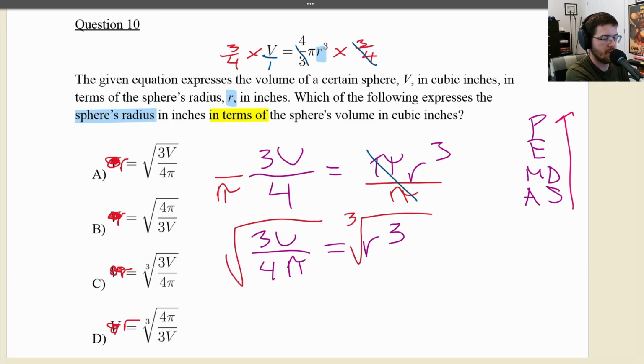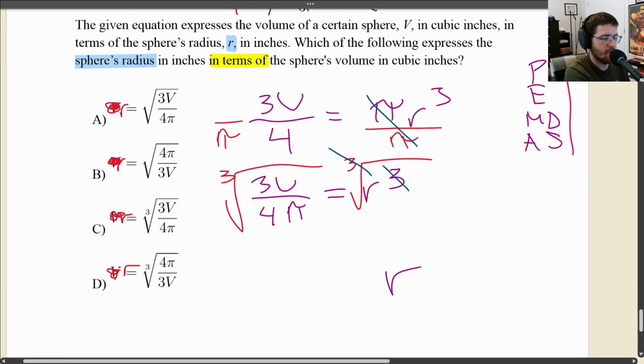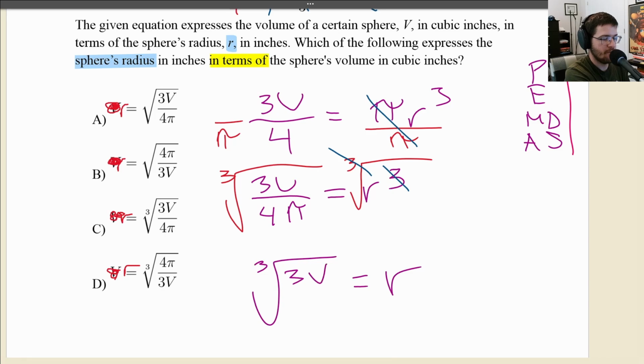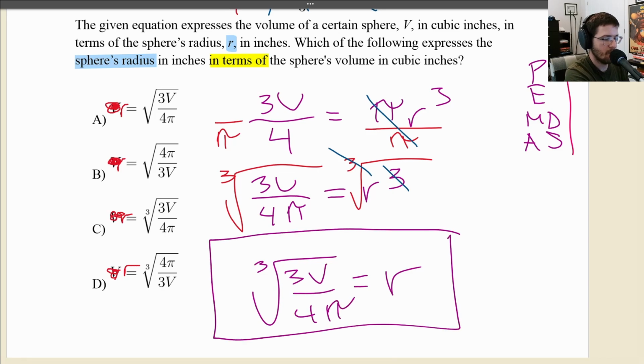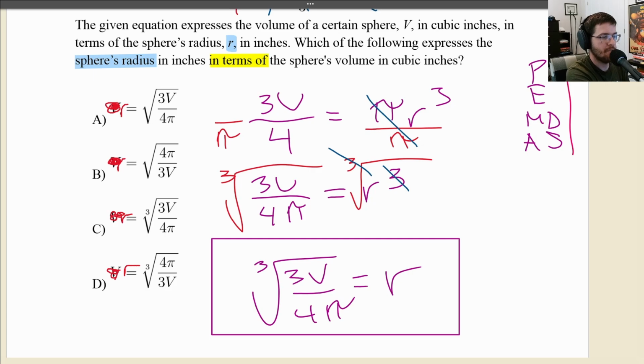So I'm going to take the cube root of both sides. This cube and this cube root should cancel out. I'm going to get r is equal to the cube root of 3v over 4 pi. And that is choice C, which is the answer.